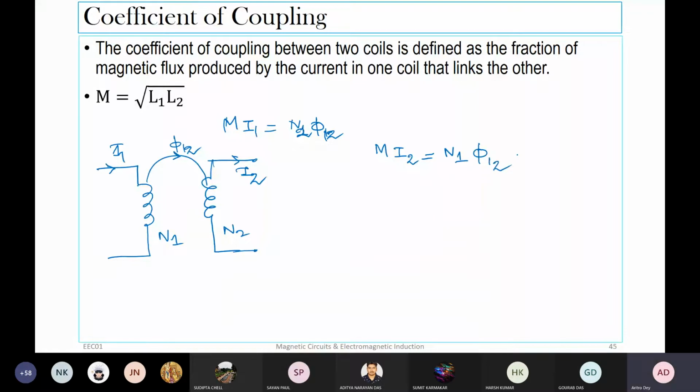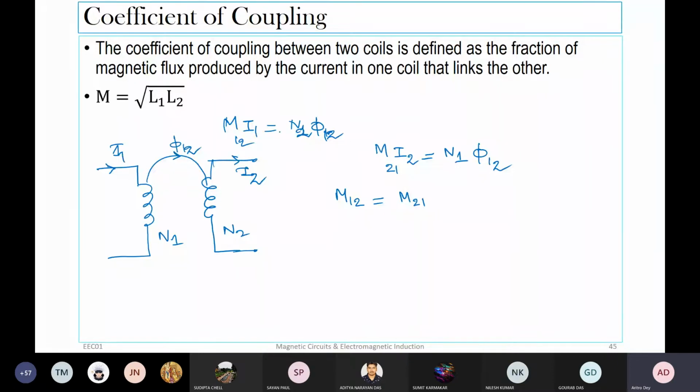So in both cases we can write M12 and M21. These are the same actually, M12 equal to M21 for this particular circuit. In any circuit which is mutually coupled, the mutually coupled phi cannot change. So that is why mutual inductance also cannot be different.